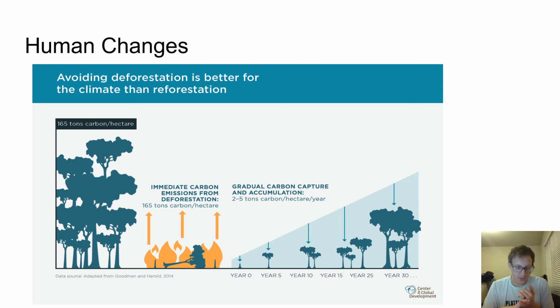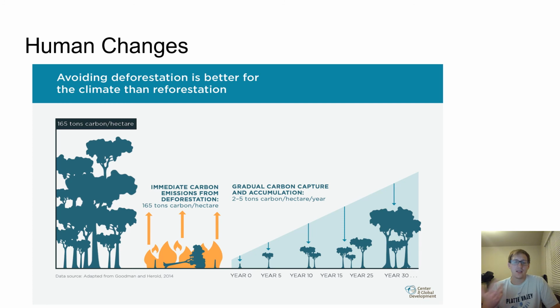First of all, by burning them, you get immediate carbon emissions from deforestation, but only gradual carbon capture and accumulation once you replant them. It takes a while for them to get back up to what they were taking in as far as carbon.